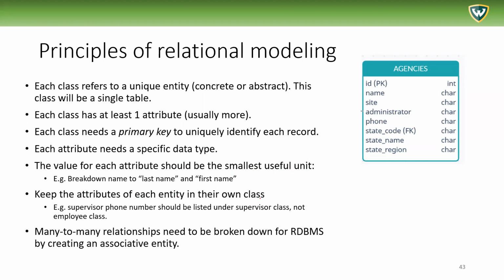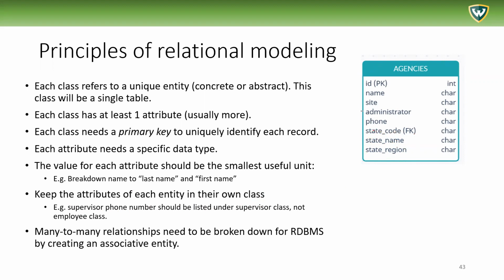Keep the attributes of each entity in their own class. And this is kind of the hardest part, and it really takes a while to get a hang of it. So for example, supervisor phone number should be listed under the supervisor, not the employee class. And actually, this is an interesting example here, and I did this on purpose. If you notice, I started putting attributes of the state itself in the agency's class.